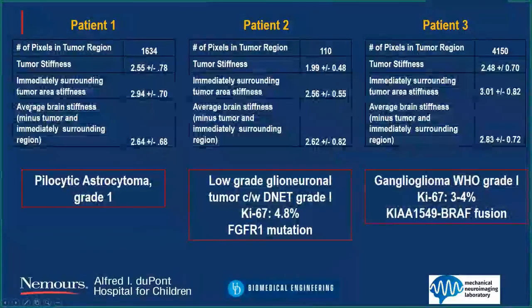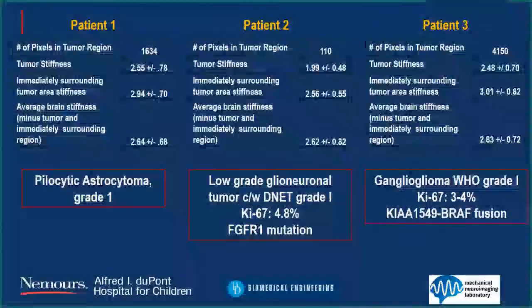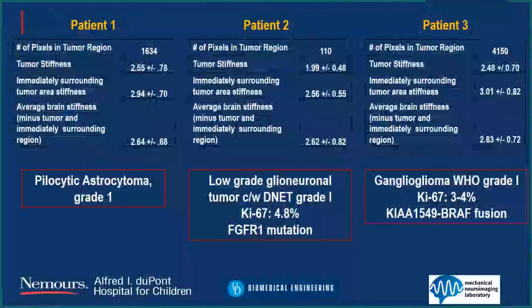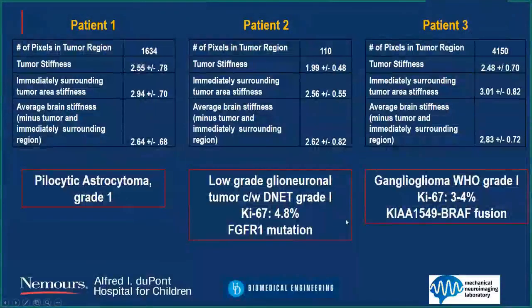So essentially, three tumors, three different locations, different imaging subtypes. One of them showed no enhancement, other showed enhancement. But essentially the values which we found on stiffness maps were consistent with a grade 1 tumor.